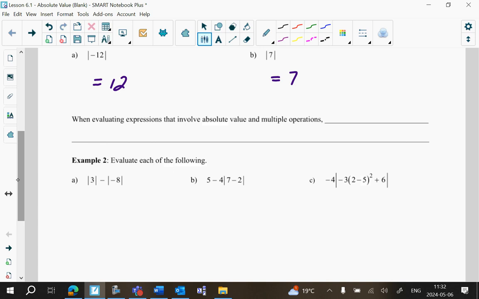So we treat them like parentheses when applying order of operations.